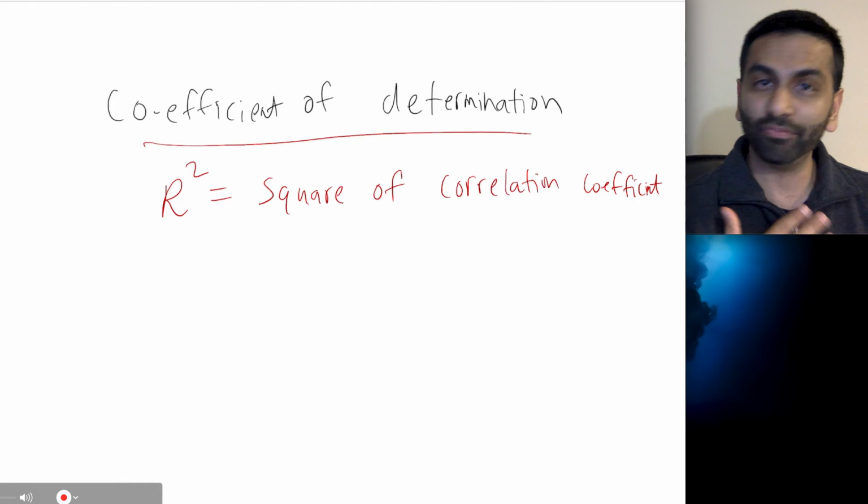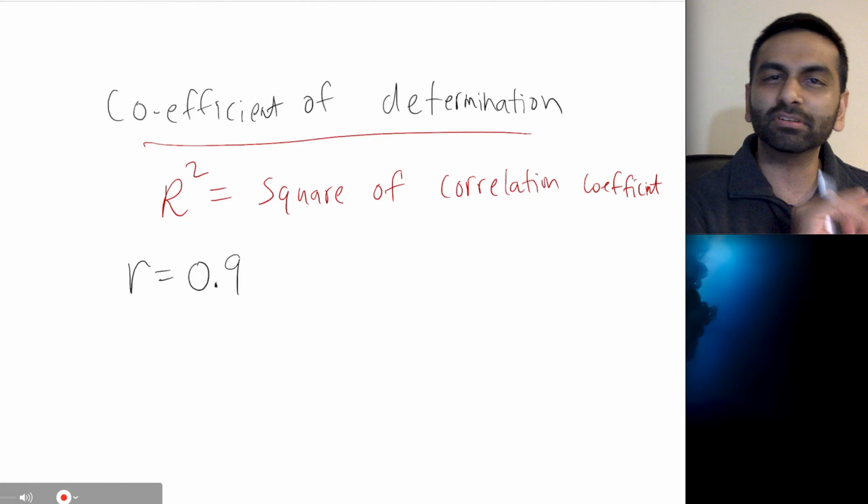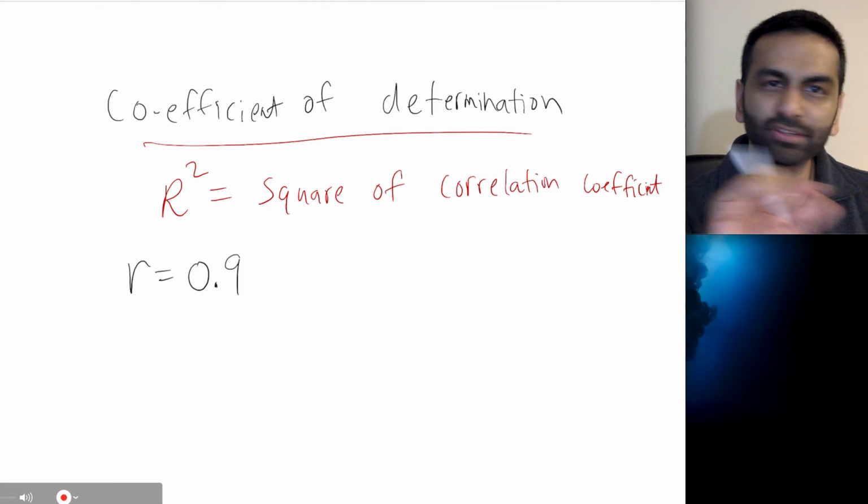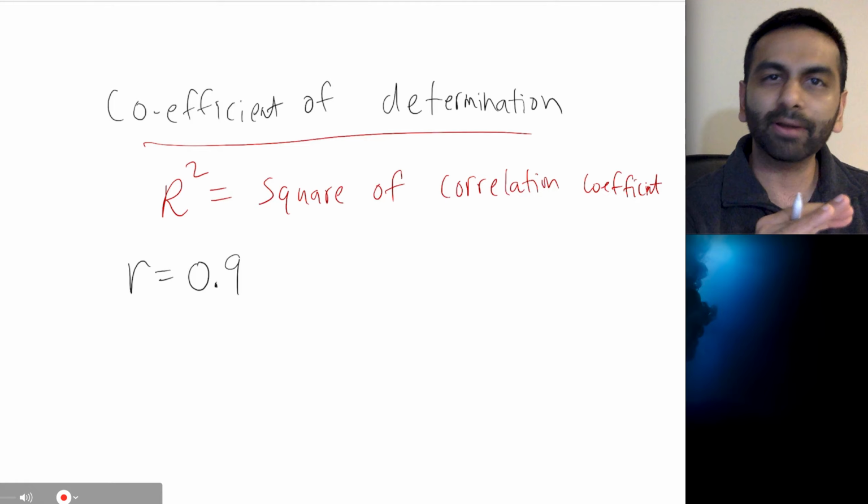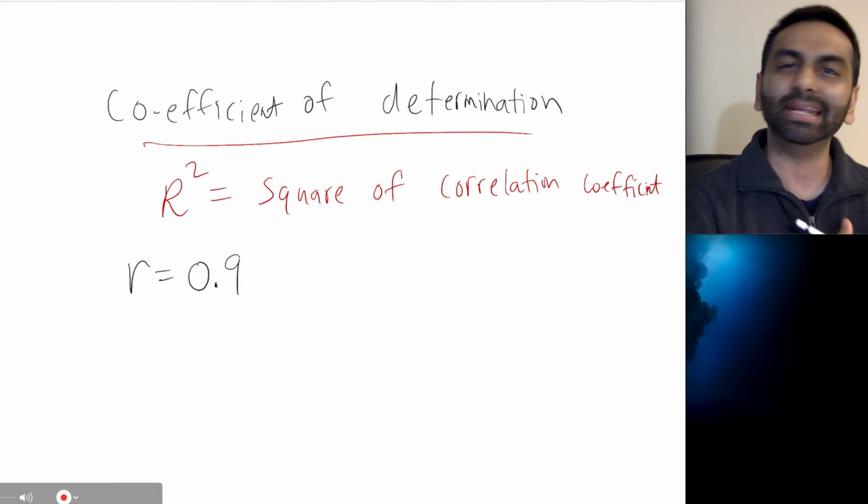All the data points are mostly falling into that straight line. By the way, the only way the correlation coefficient is physically 1 is if all the points are exactly on the same straight line. So even if they're a little bit off, it won't be a perfect 1, but it might be pretty close, like 0.95 or even 0.99.